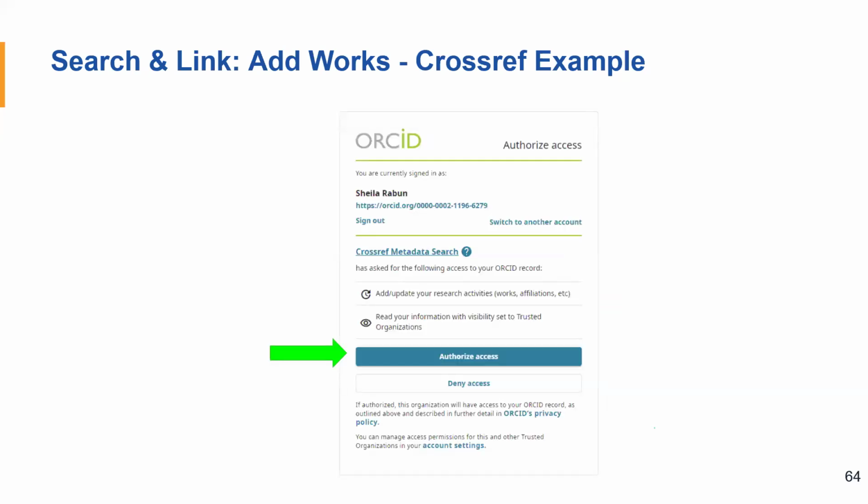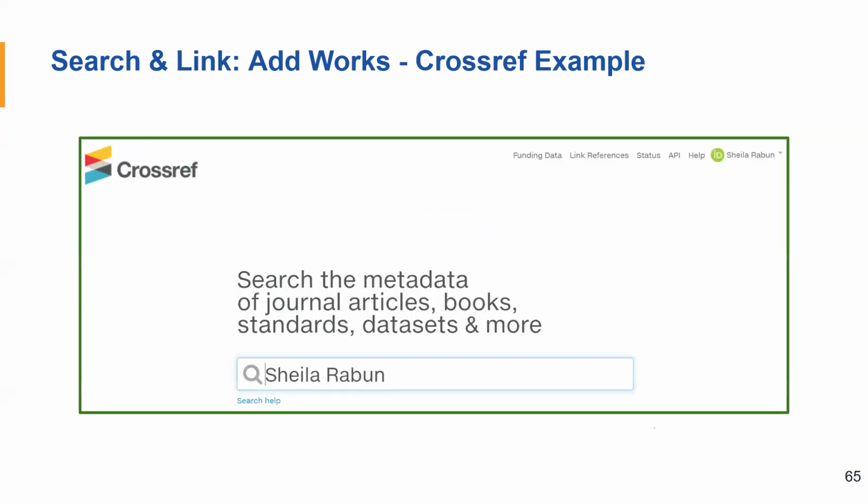You will first be asked to authorize Crossref as a trusted party on your ORCID record, so they can add your works information to your ORCID record for you. When you click on that, it will take you to an authorization page, and then you click on Authorize Access. Once you give them authorization, you will be taken to a search page where you can search within Crossref to find your publications.